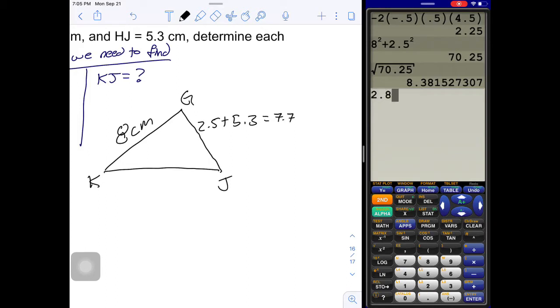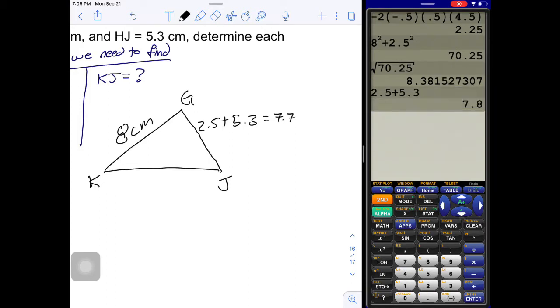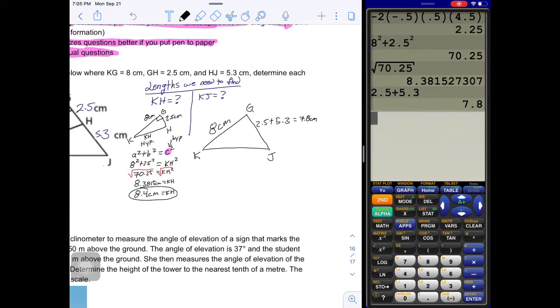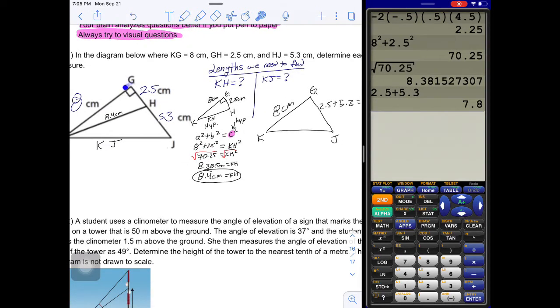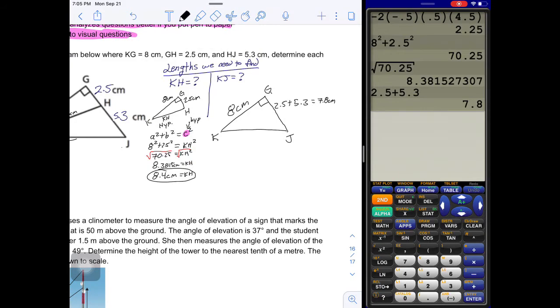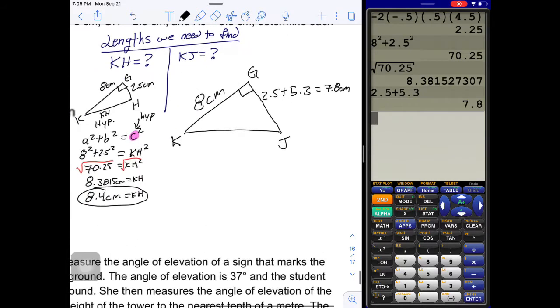Let's maybe just check that. Yeah, good thing I checked. I just had a brain fart there. That is 7.8. So it's always good to just even check very simple things. Now recognize angle G is a 90-degree angle. So let's note that. So we have 90 degrees here.